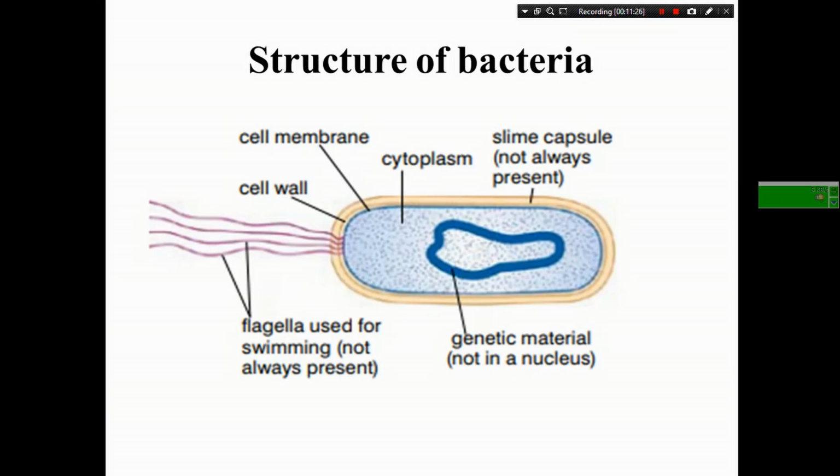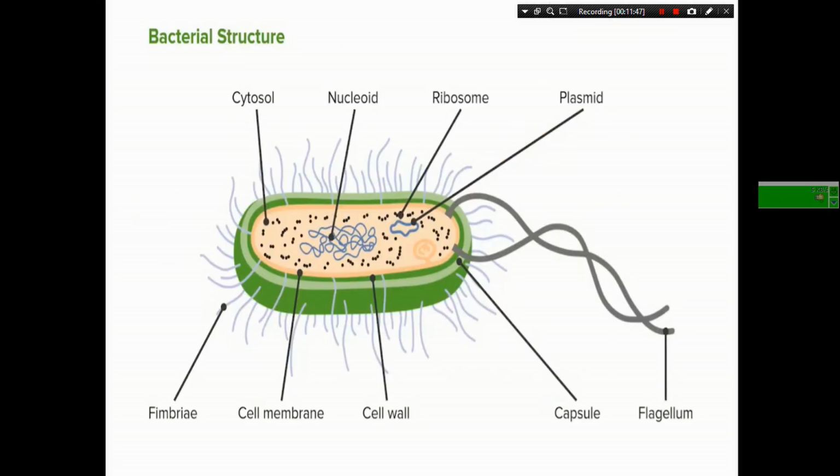They are limited to some bacteria. Bacteria contain a liquid gel known as cytoplasm. Finally, bacteria also have genetic material, but this genetic material is not contained in a nucleus. This is a typical type of bacterial structure.